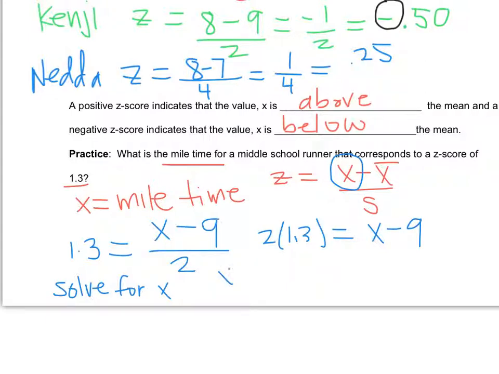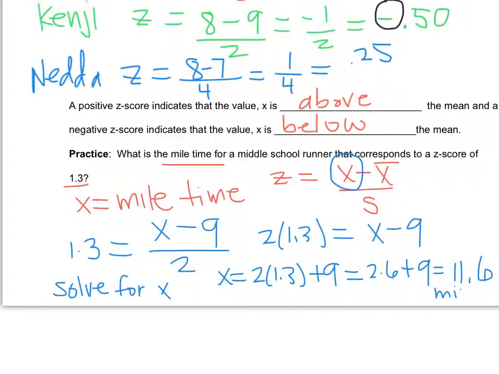So x is equal to 2 times 1.3 plus 9, or 2.6 plus 9, which is 11.6. And we can put a label on that of minutes.